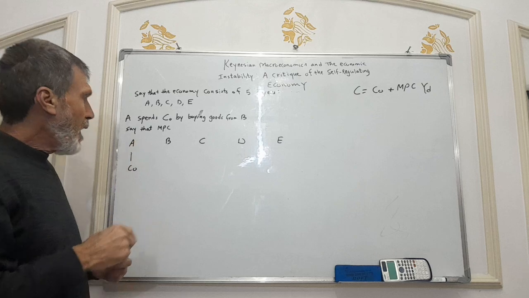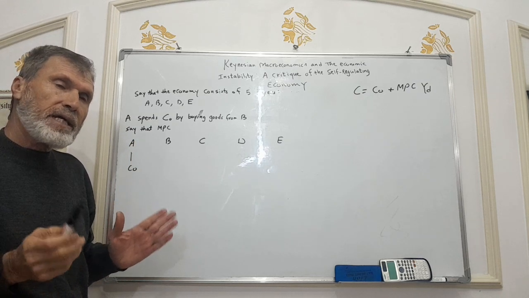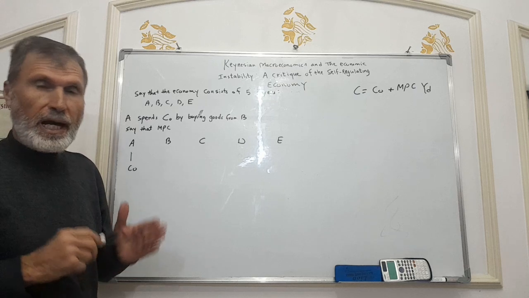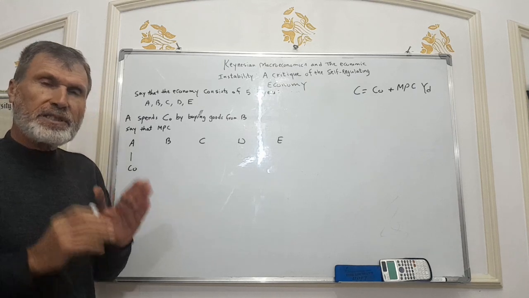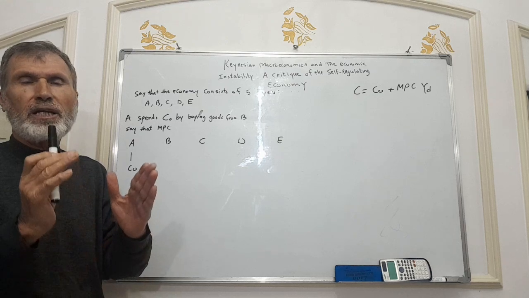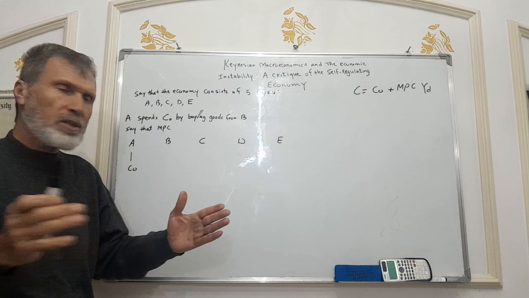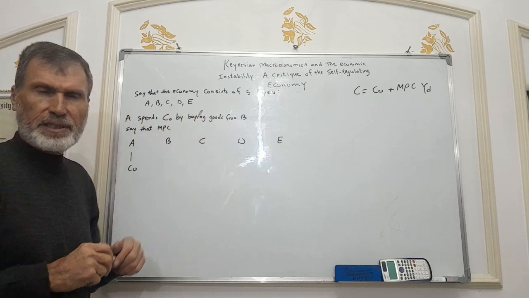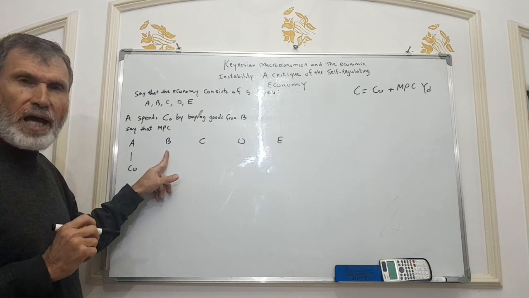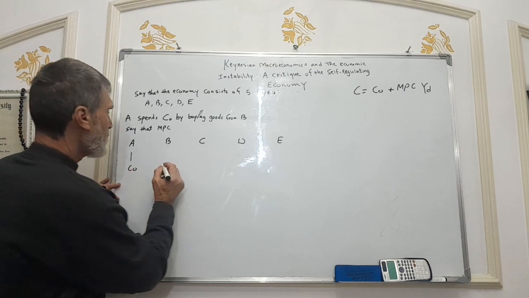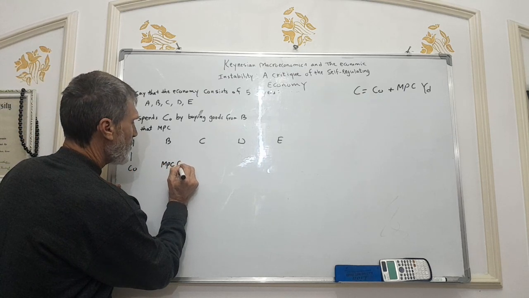How is B going to respond? He is going to spend, according to Keynes, a portion of C0, and that portion that he will spend to buy goods and services depends on the marginal propensity to consume. Say that the marginal propensity to consume is common to all of them, the same, MPC. So he will spend MPC times C0.